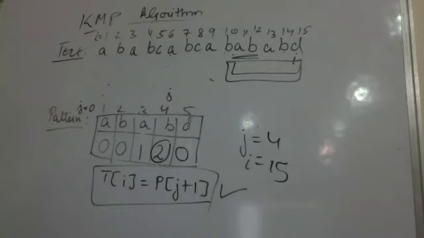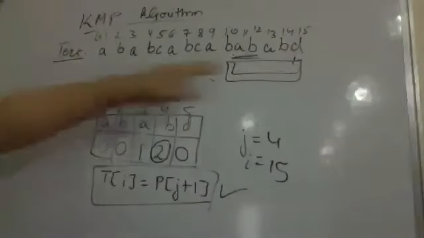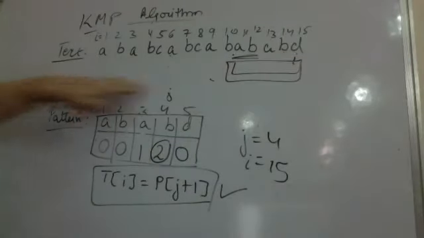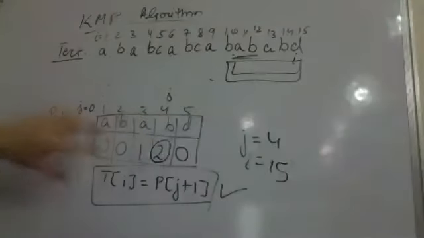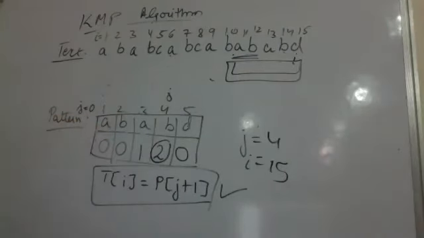I use a prefix function to be computed so that the execution time is reduced. How much is the execution time? N times I am going through this, plus m times maximum I will be doing the reduction in j. Maximum m times the reduction in j can happen.